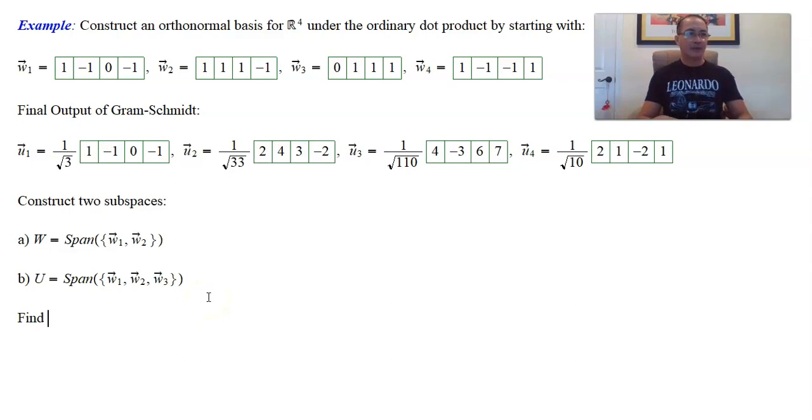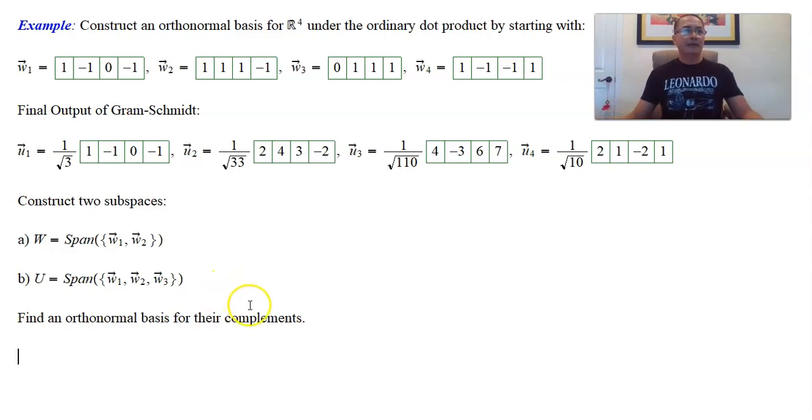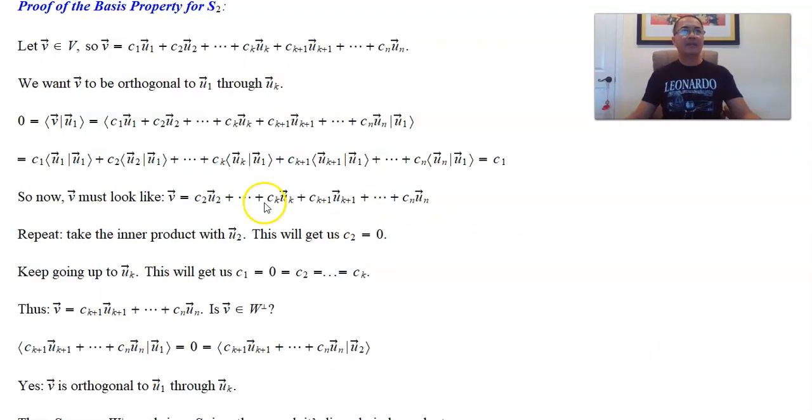So what are we going to do? Find an orthonormal basis for their complements. Okay, that's it. This is not a very difficult problem. Let's go back to the theorem.